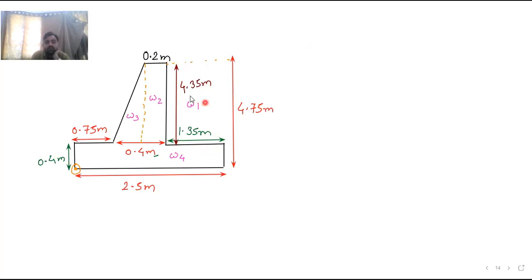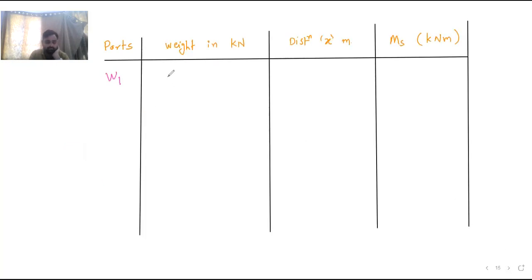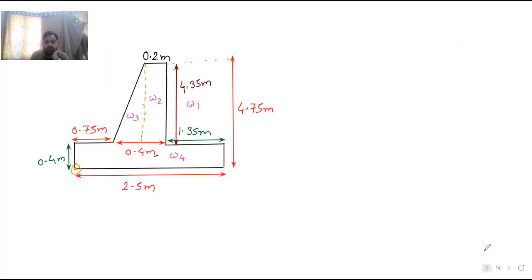Then if you see this W1 is situated over here, what is the cross-sectional dimension over here? This is 1.35. This is 4.35. So it is 1.35 into 4.35, the cross-sectional dimension, into, now W1 is the area where soil is there. In this area, concrete will not be there.